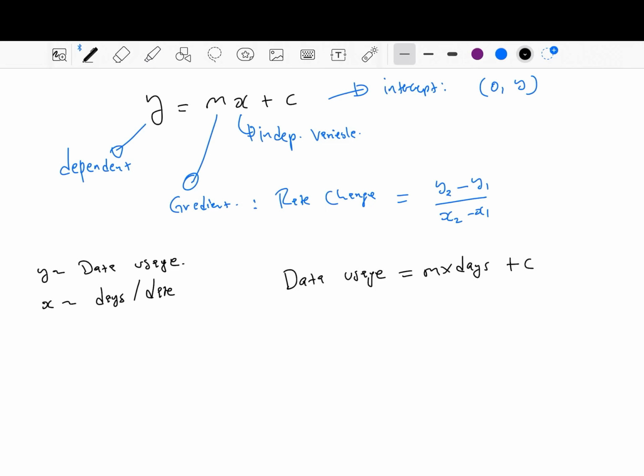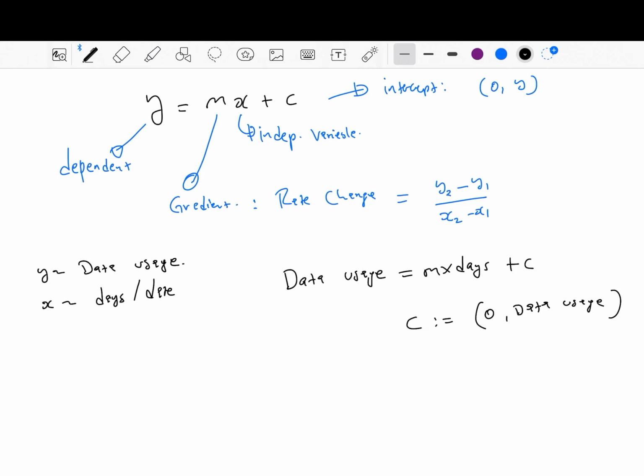We're saying that c is an intercept, where days is 0. So what is your data usage? On day 0, not on day 1 when you start using your data, when you haven't started using your data, how much data have you used? That's basically what this is.